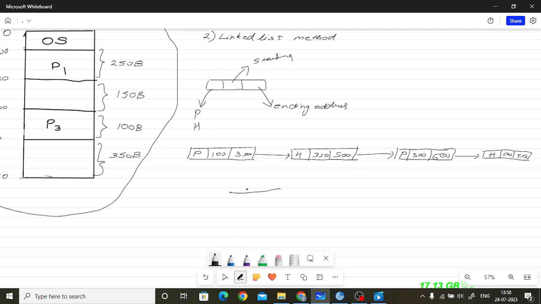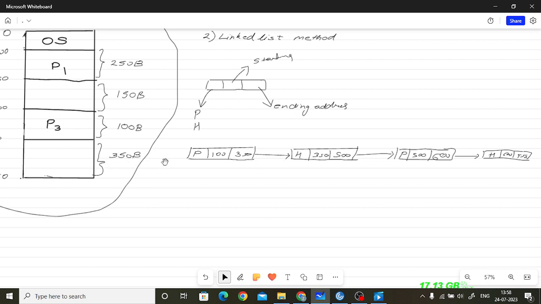Okay, so this linked list is to be created in the increasing order of the starting address. Okay, we could place this 350 hole here at first also.